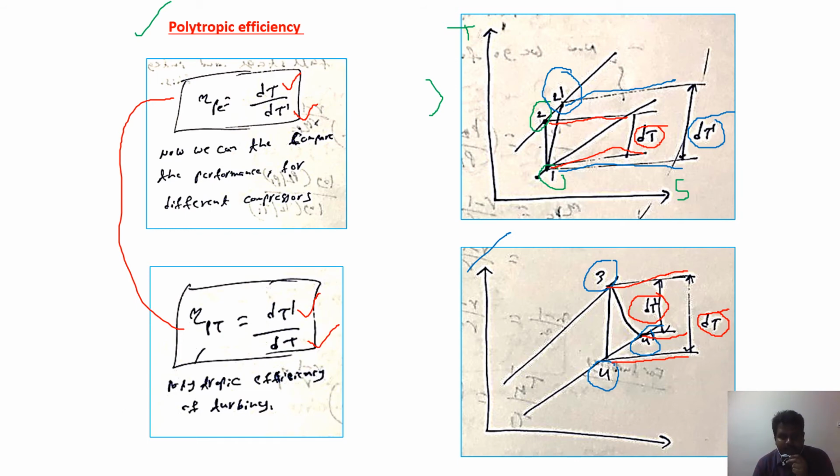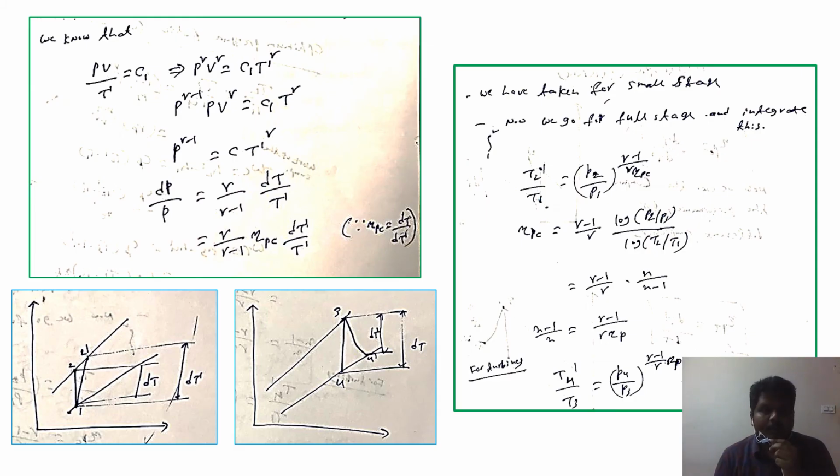Now we can compare the performance of different compressors. As we know that PV by T equals constant. So P power gamma V2 power gamma equals C1 into T dash power gamma. This we can write as P power gamma minus 1 into PV power gamma equals C1 into T dash power gamma.